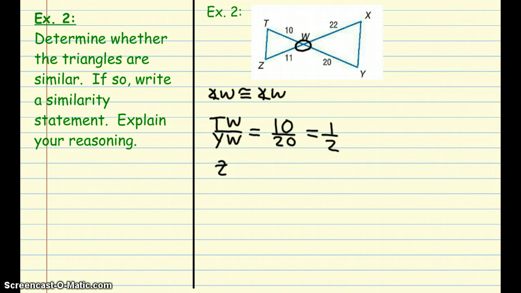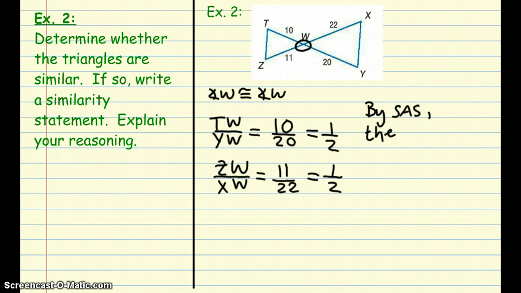And then we have ZW corresponds with XW, and that's 11 over 22, which also simplifies to 1/2. And so what do we see here? We see that we have two sides that are in proportion, and then we also have an angle. So we can say by side, angle, side, the triangles are similar.